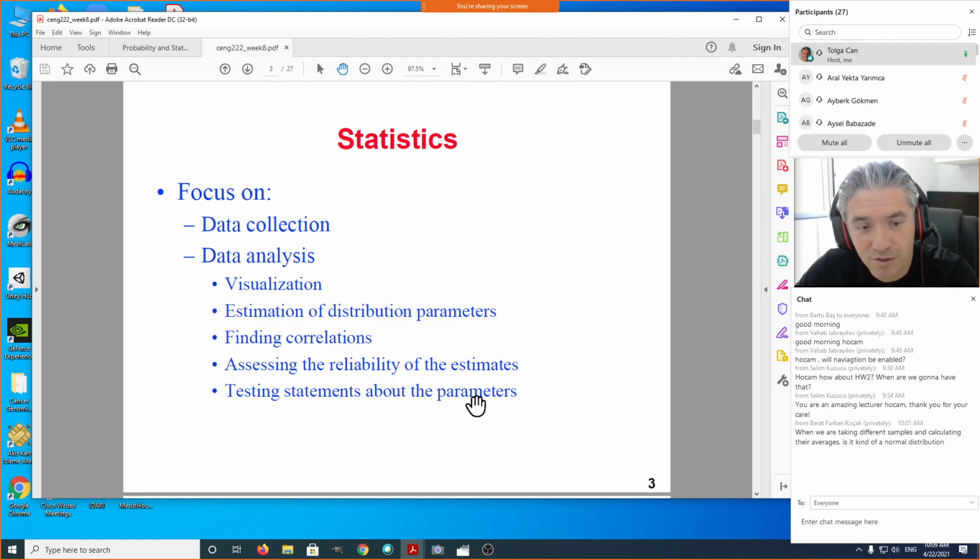But usually what we do is, when we have such a statement, we collect a sample, like look at the GPAs of 20 students, 30 students, and our hypothesis will be that, for example, the mean of the GPAs of those EE students is higher than the mean GPA of computer engineering students. That claim is called a hypothesis, and we test this hypothesis by trying to reject a null hypothesis.